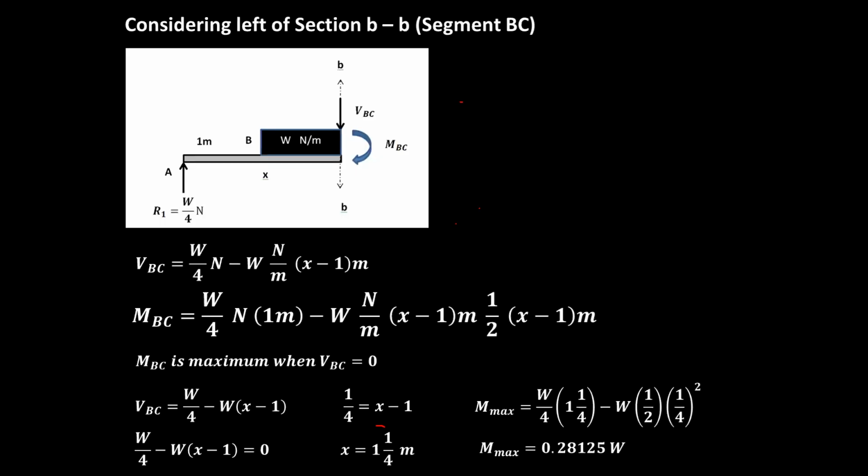Our section is circular, so the S value is pi d cubed over 32. I'm hoping you already know these since you have finished that topic. Since M is equal to flexural stress times section modulus, we will use the M we found earlier, 0.28125W. Okay, direct substitution.